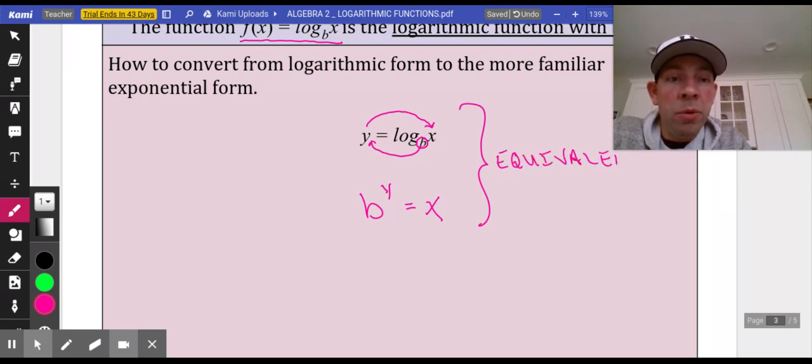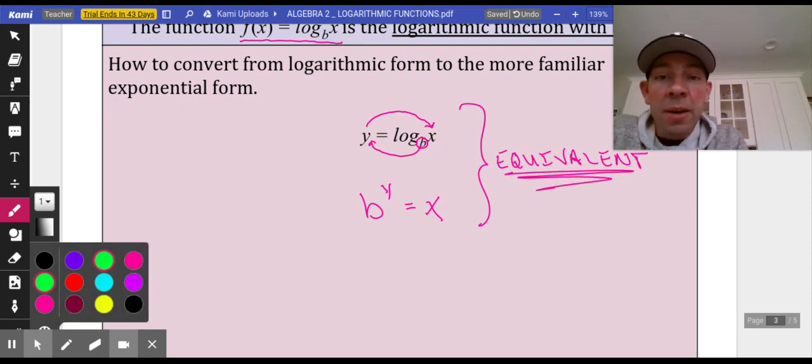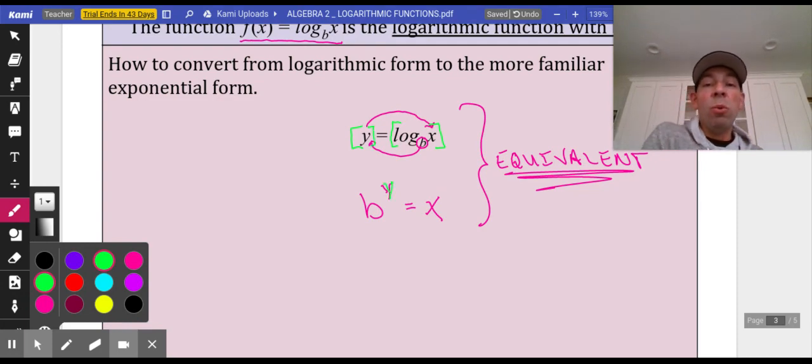Bada bing, bada boom, equivalent. Now, something you'll see down the road is we like to say that logarithms, this logarithmic expression, is the exponent. So you'll notice when you rewrote it, the exponent was y. So logarithms are always equal to the exponent. Whatever they're set equal to is going to be your exponent once you convert it.